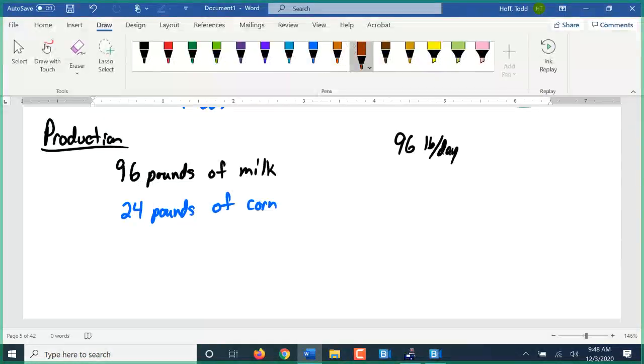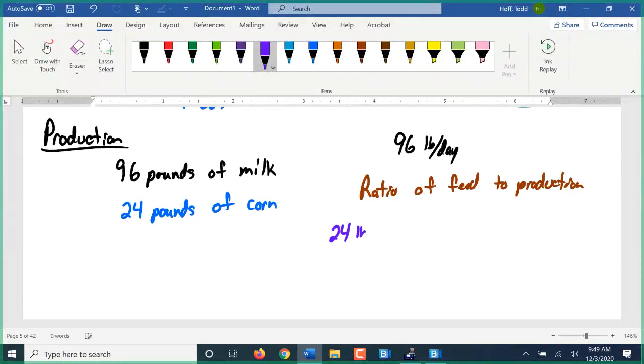So the ratio here of corn to milk, a ratio of feed to production, we should probably say, would be 24 pounds of corn to 96 pounds of milk produced.